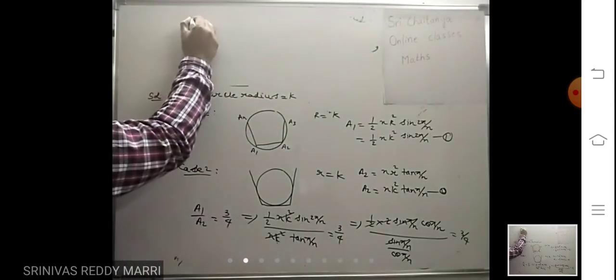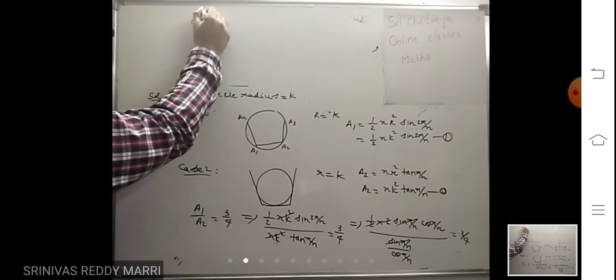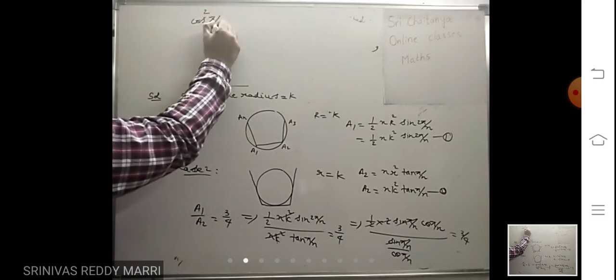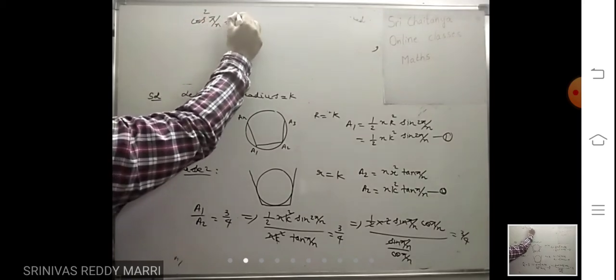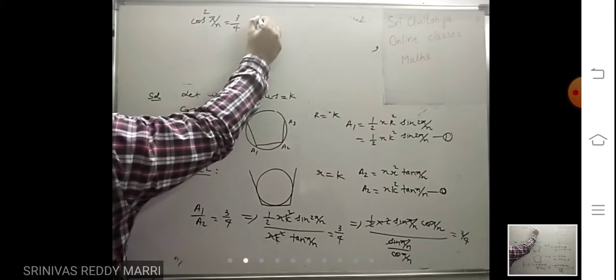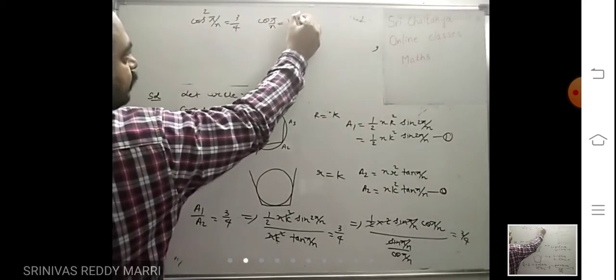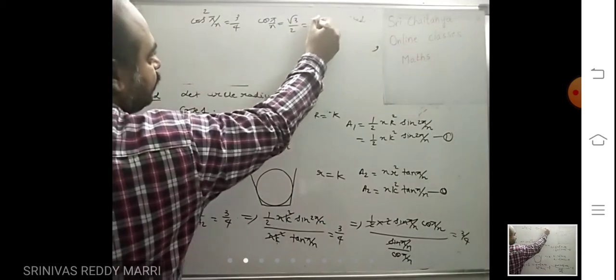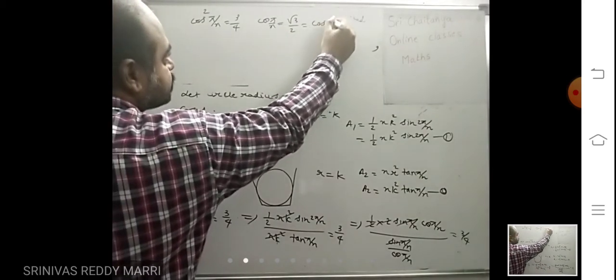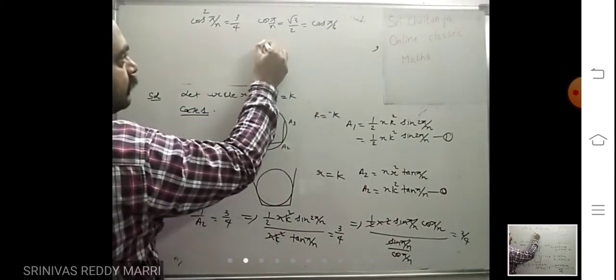That means cos square pi by n is nothing but 3 by 4. Therefore cos pi by n is root 3 by 2, that is cos pi by 6.